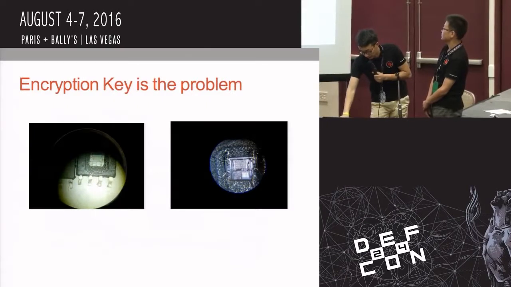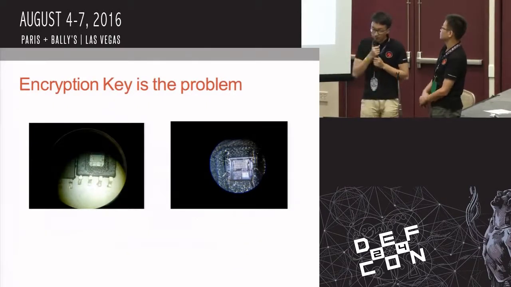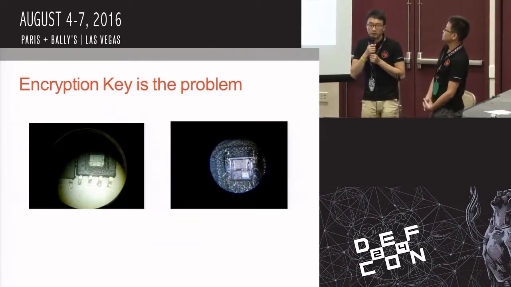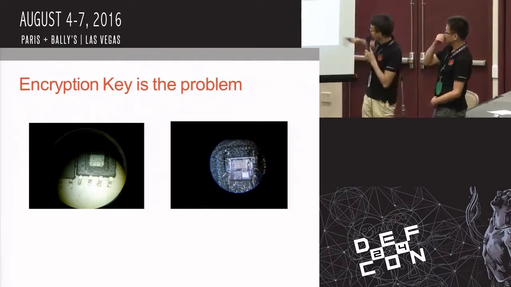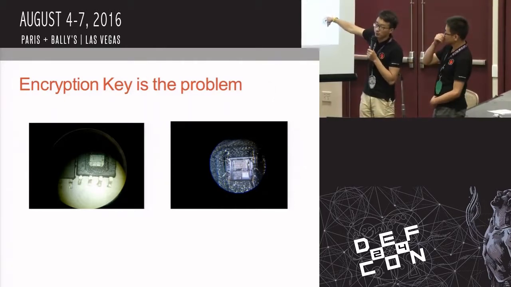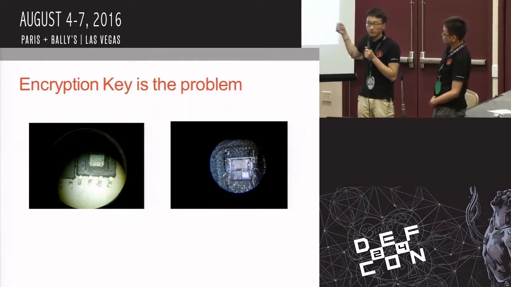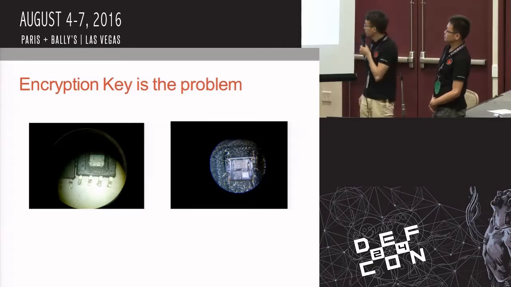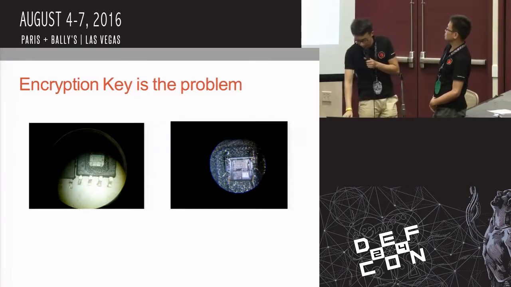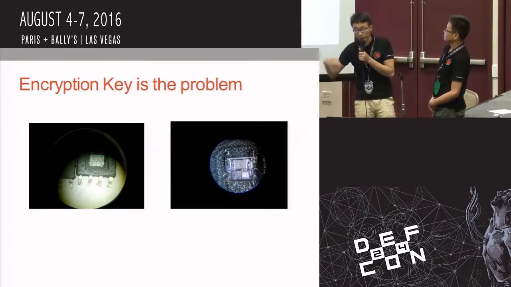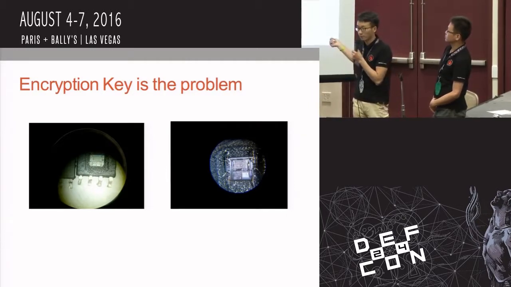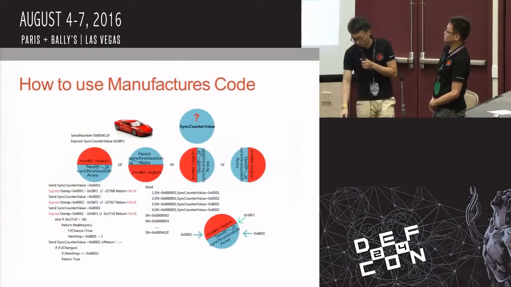So we are now going to talk about how to get the manufacturer code and the serial number. The manufacturer code you can often get this way: you can unsolder the flash chip from the vehicle's ECU, read and dump the contents, and you'll find the manufacturer code in the flash chip.